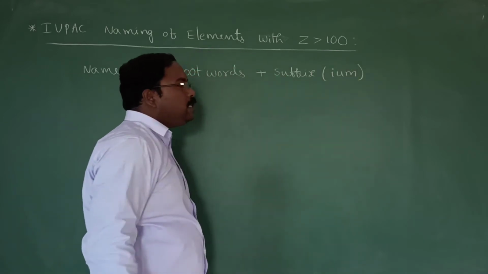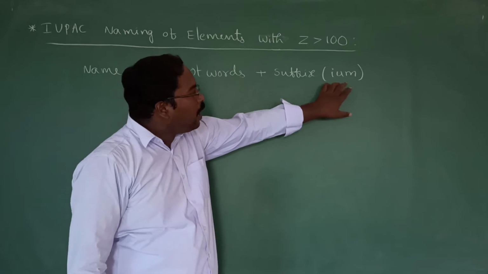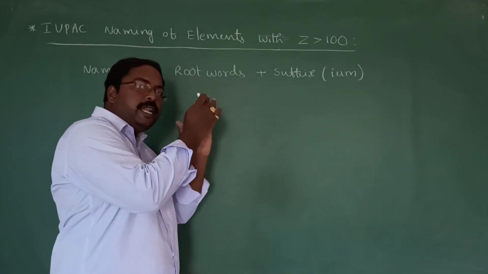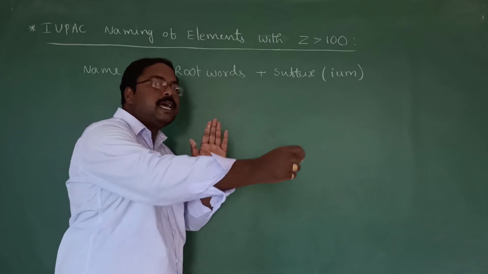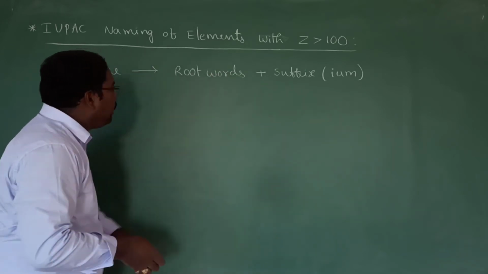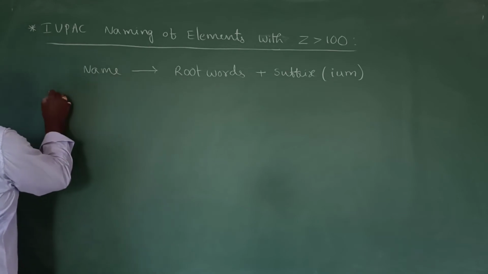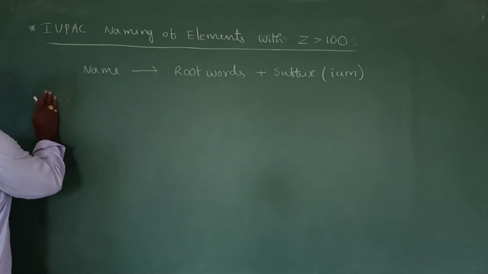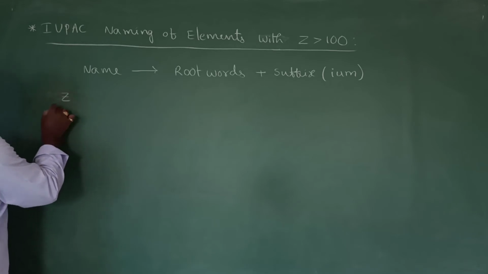For all the elements you will find the suffix IUM, meaning at the end of the name of the element, we should mention IUM. Let us see an example, the element 101. The atomic number of the element is 101.